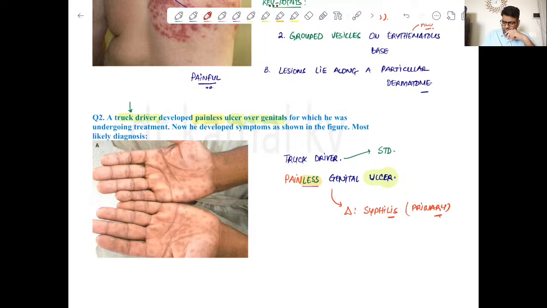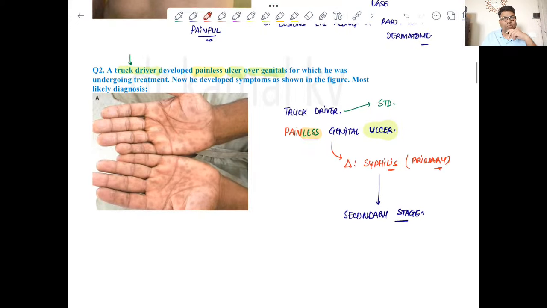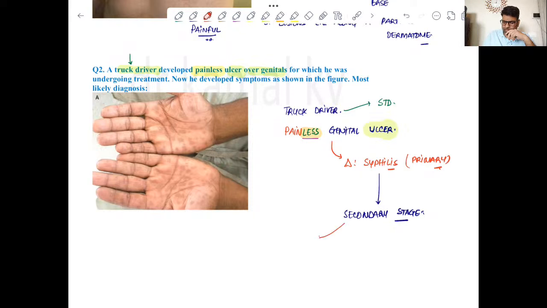Now after some time the patient will enter into the secondary stage. Clear? And the classic description of the secondary stage of syphilis is symmetric rashes, classically involving the palms and soles.